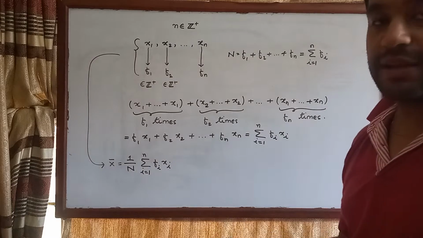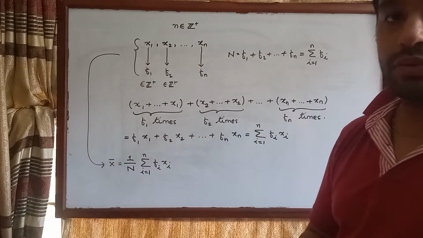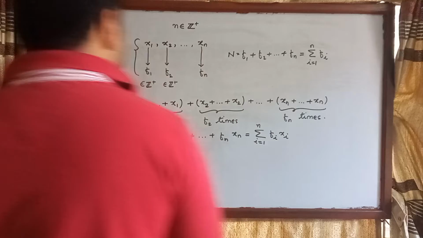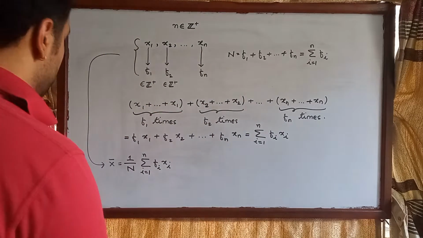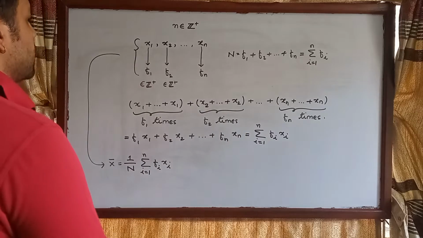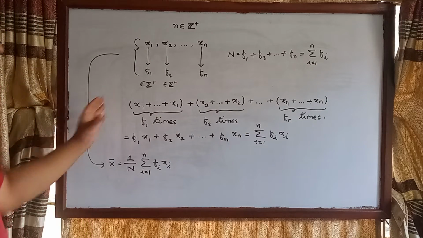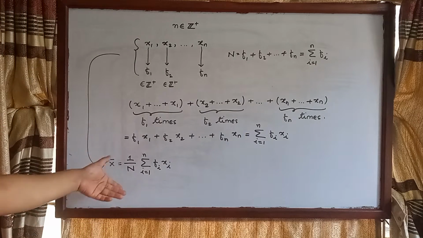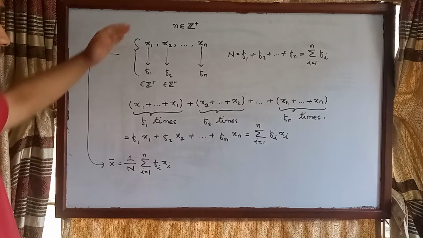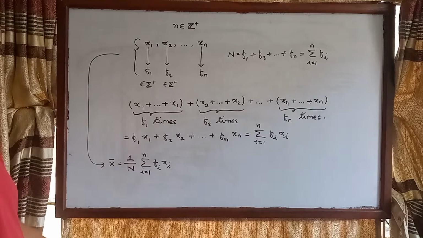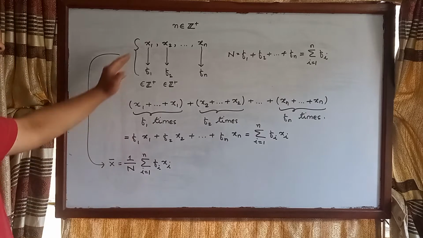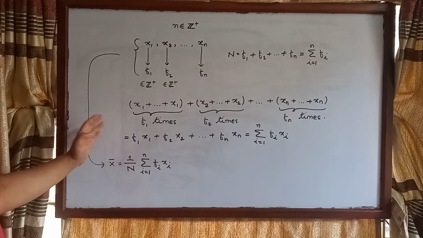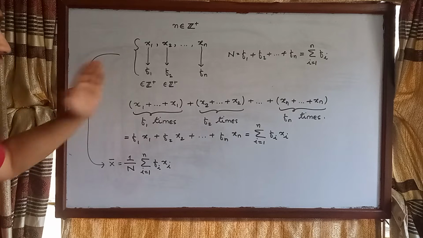We can get the same result by multiplying 2 by 100. So this is for practical purposes, nothing much theoretical here. And since this is basically the mean of individual data, all the properties we've discussed so far for the arithmetic mean of individual data also hold true for a frequency distribution.